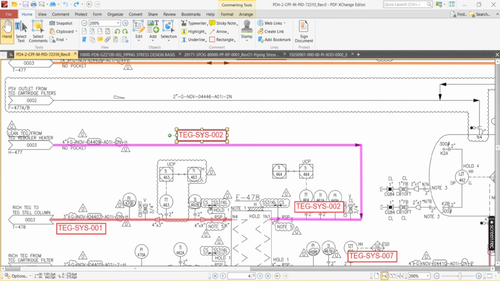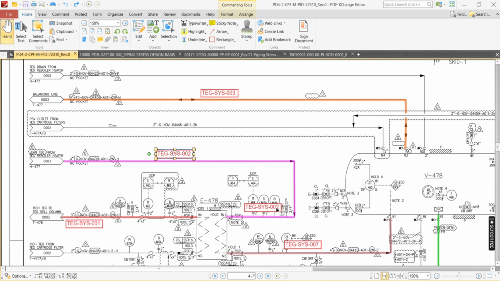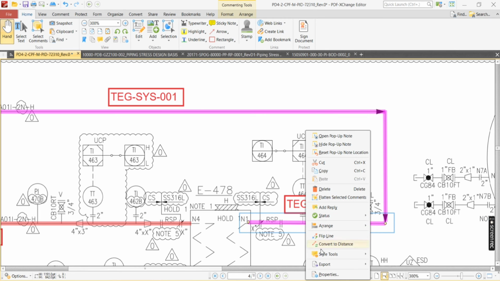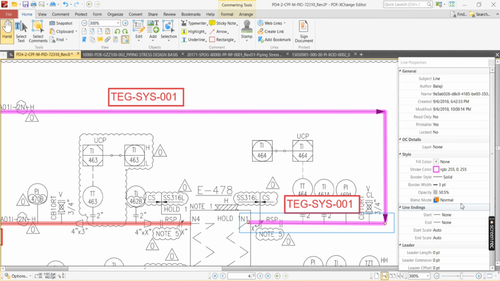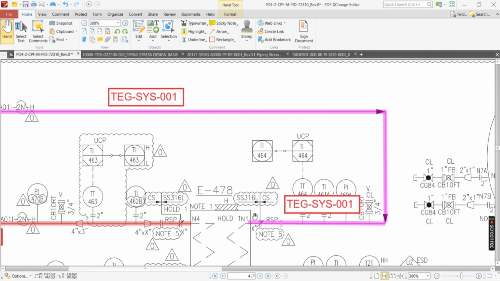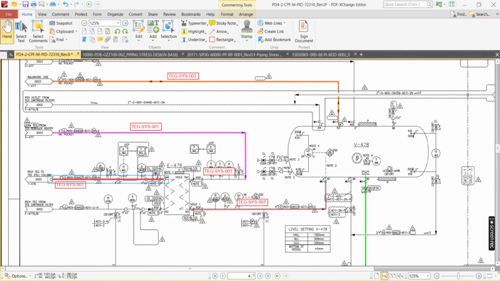I told you, system one means you can group together and you need to change this system one. So you can consider like this. You have to change this color. You can change this color also. You want to change or delete this, copy and paste.